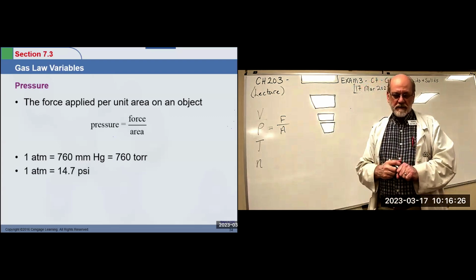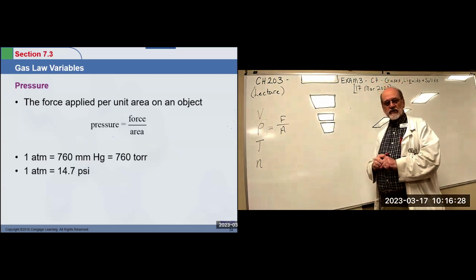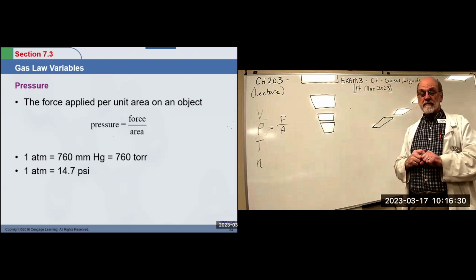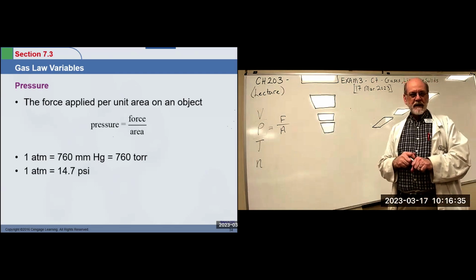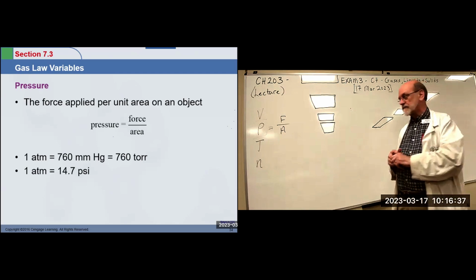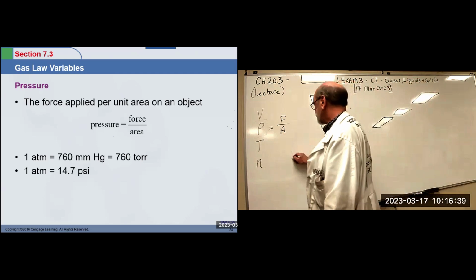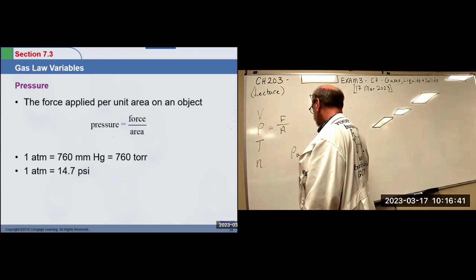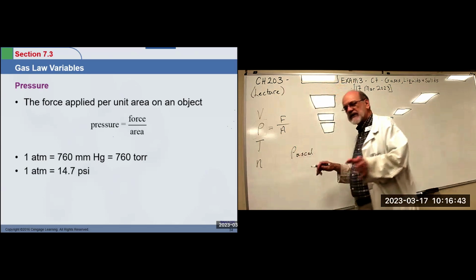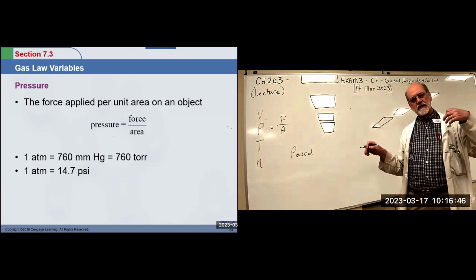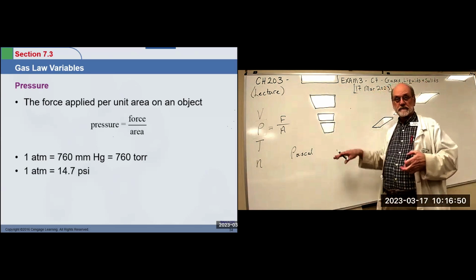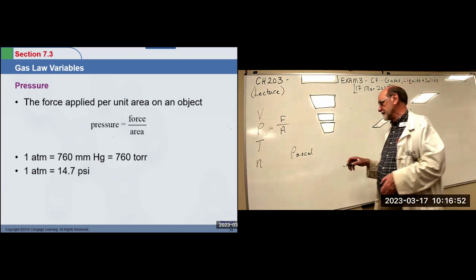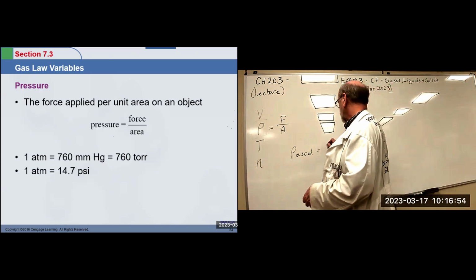Now, historically speaking, pressure has been expressed in many different ways. There's one standard way, which is called the Pascal. And the utility of the Pascal is that it is interconvertible with all the other SI units. It's a derived unit, in fact. It's 1 Newton per square meter.